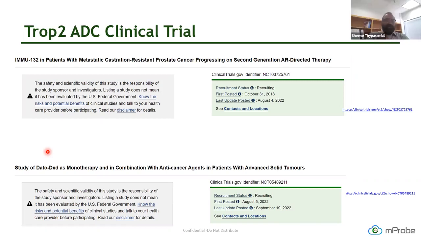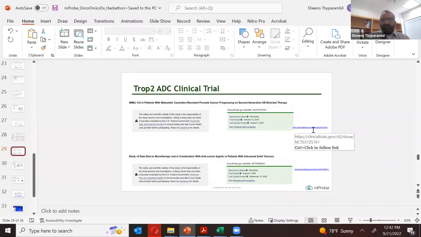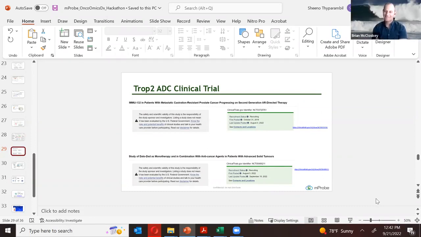In this particular case, that's a great question. Let me escape this mode. These clinical trials, if you really look at them, are not asking for any kind of expression. They're just saying, if you have prostate cancer, come on in. So my recommendation would be, especially if it is an open label clinical trial, figure out what the TROP2 protein levels are, and if they're high enough, go and enroll in one of the open label clinical trials.